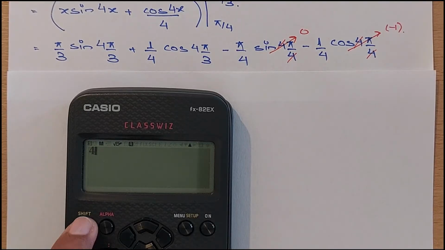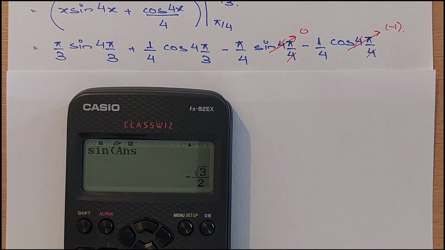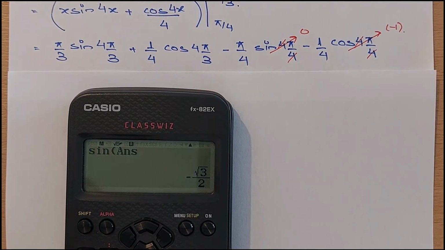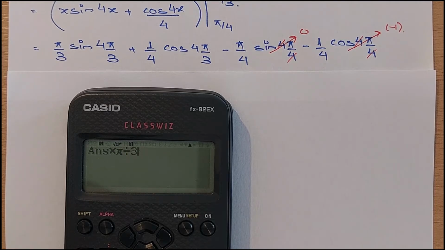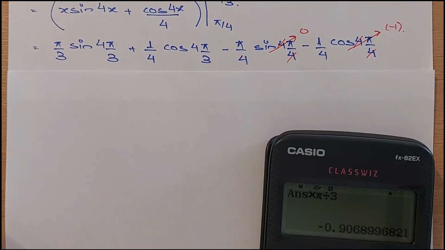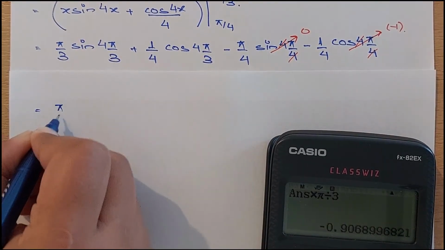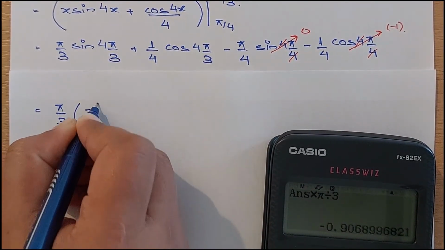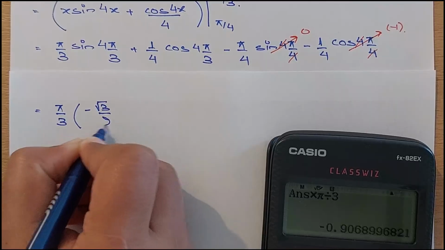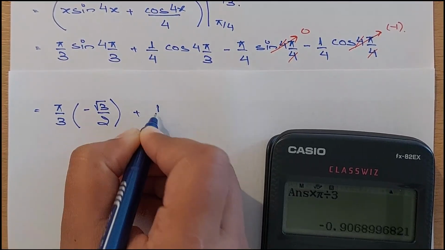4 pi by 3, 4 pi divided by 3. Sine of 4 pi by 3 is minus square root of 3 by 2, and pi by 3 is outside, times pi divided by 3. Let me just keep it as it is. Yes, pi by 3, and this is minus square root of 3 by 2 plus 1 by 4.